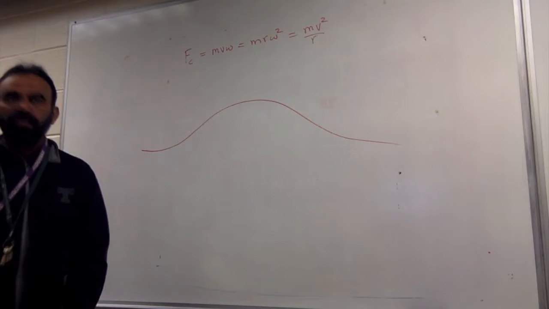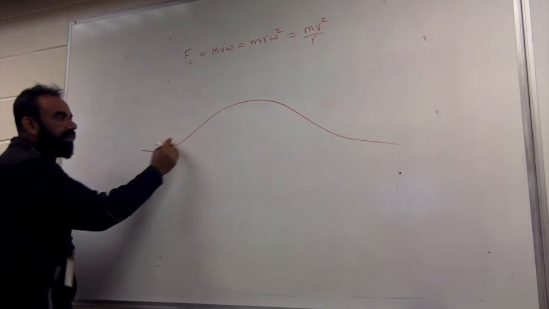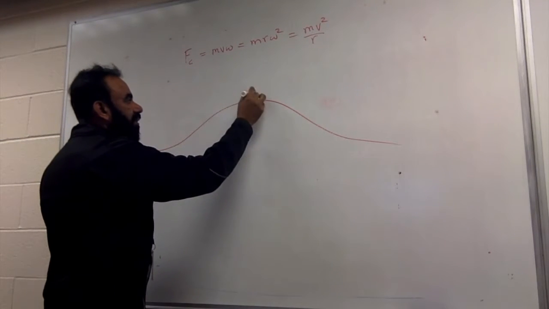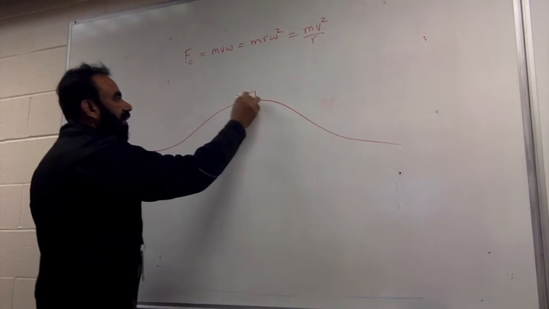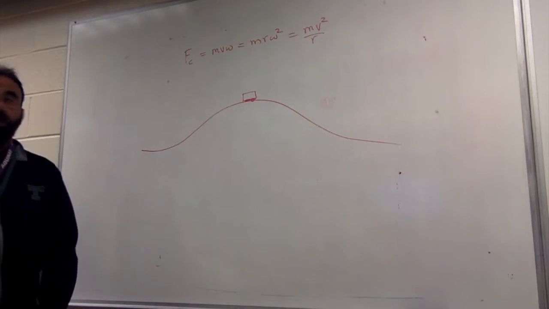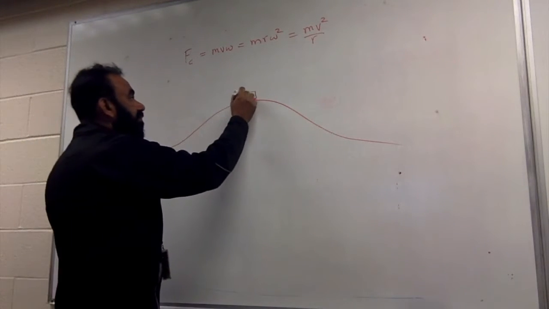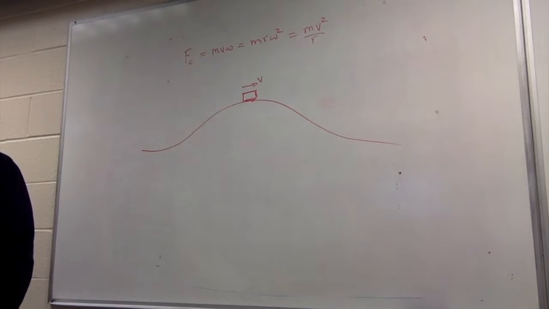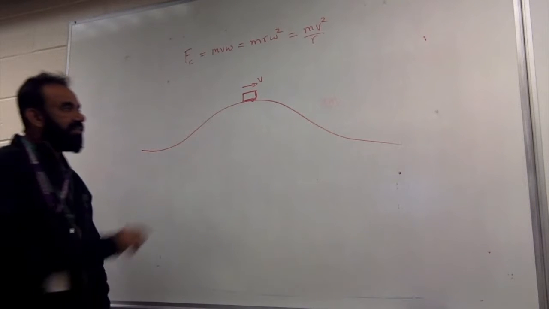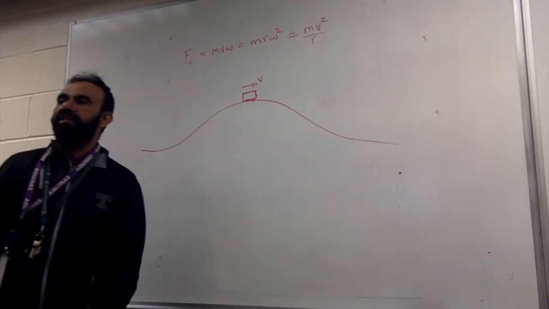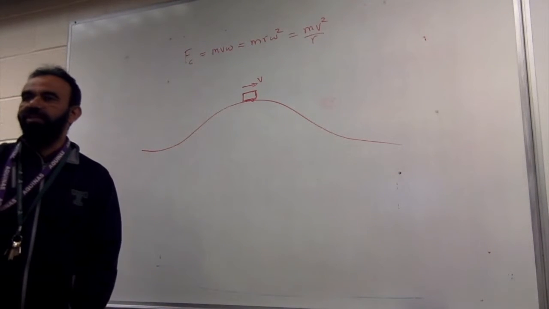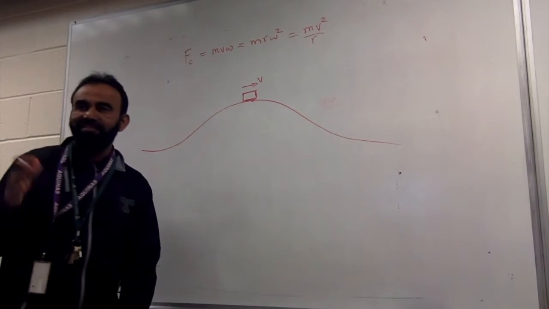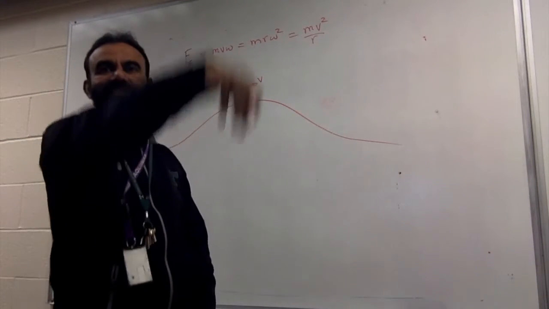It's a road, and you're driving a car on the road, and you are right here. You're driving at a certain speed on the road, and this is a kind of hilly road. You can see so many hilly roads, especially in Indiana, right? Many hilly roads like that.